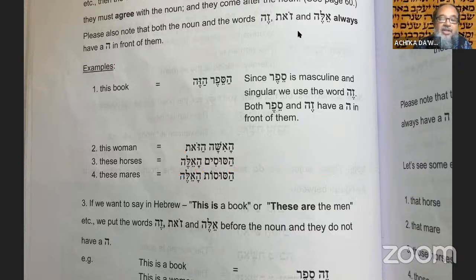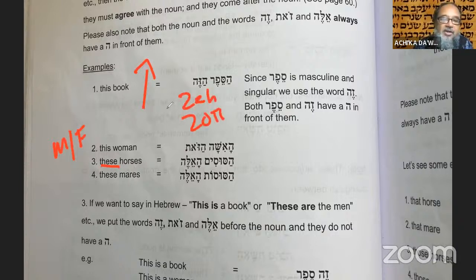Well, we know that sus is a horse, and we know the im is plural, and we know it's masculine. But this ele here, these, means that it's not. It could be either masculine or feminine, as we saw earlier up here in our lesson. Zay is masculine, zoth is feminine, and then the ele right here can be both masculine and feminine.